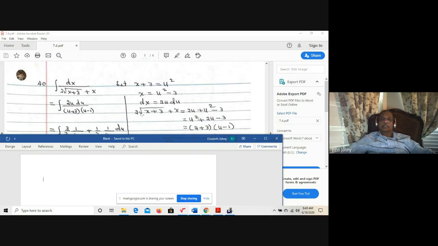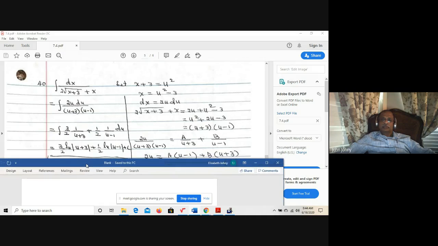I repeat, 2 times square root of x plus 3 means 2 times square root of u square, that is 2u, plus x, that is plus u square minus 3. So u square plus 2u minus 3. Factor that, you get u plus 3 times u minus 1.